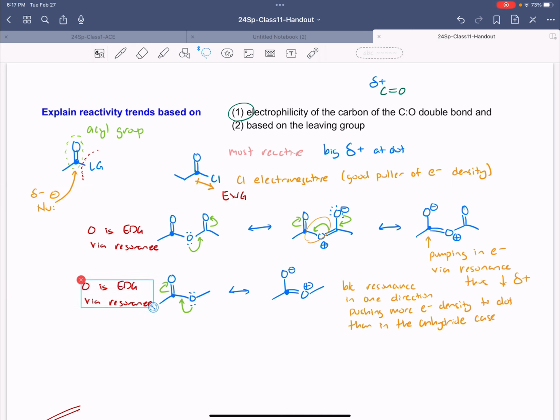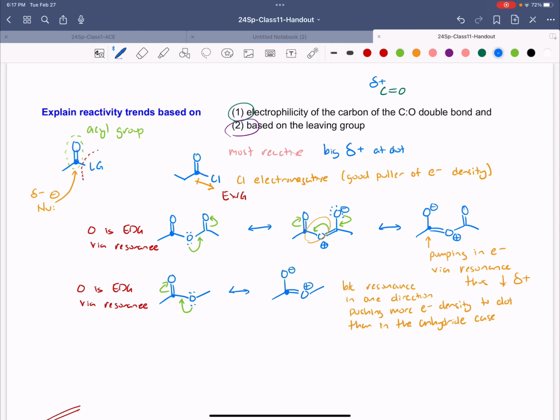Paste. Nice. Okay. We'll see if part 2 is a little bit easier to understand. But this is, again, trying to predict how big that partial positive is on the carbon of the C double bond oxygen, which is a little tricky.